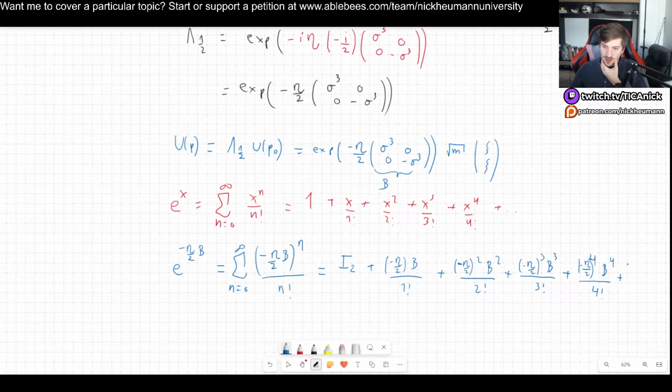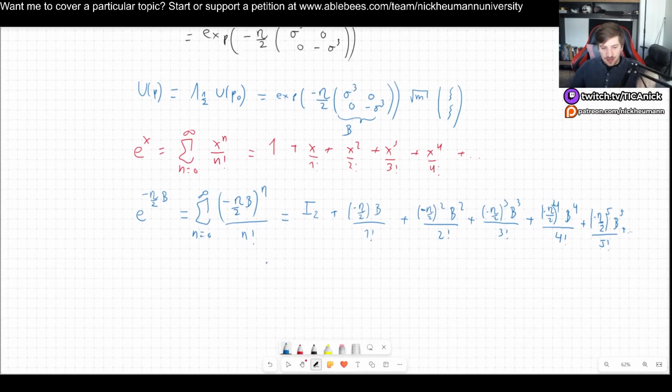And now we've got this to the 5th. So minus eta over... sorry, I mixed it up. So eta over 2, of course, eta over 2 to the 5th B to the 5th divided by 5 factorial, and so on and so forth. Okay, so now let's look at our B, because B is sigma 3, 0, 0, minus sigma 3.